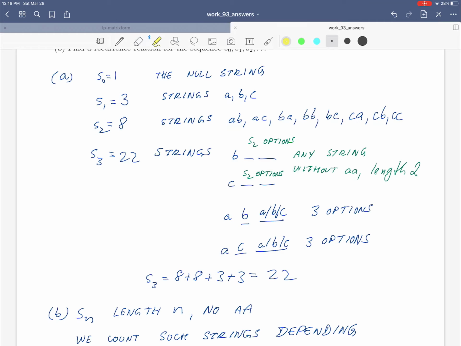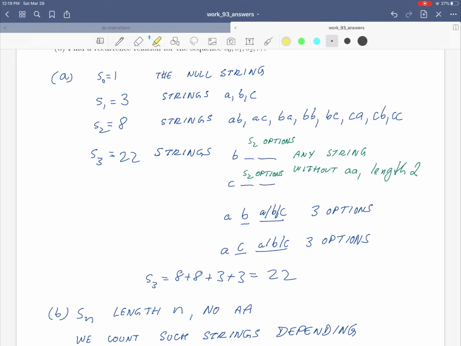If the string starts with B, we have 2 letters to fill out after that, and no AA is allowed, so we have S sub 2 options. All the strings of length 2 which don't contain AA can be in those 2 slots. If our string starts with C, we have again S sub 2 options, same type of argument.